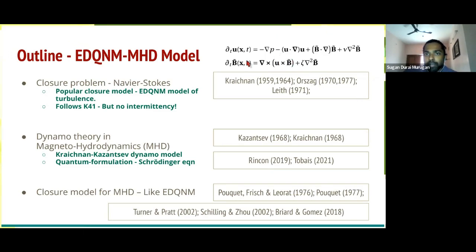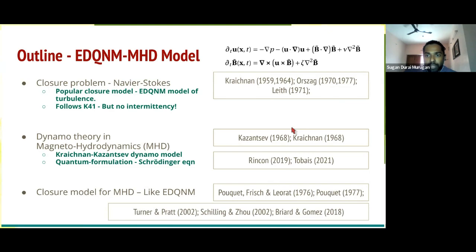For example, in the magnetic field equation at the top right, there is a diffusivity that tends to reduce the magnetic field, but also there is an interaction from the velocity field. So the dynamo problem simplifies to the question: what are the properties of U that allow the magnetic field to be sustained even in the presence of a diffusivity? To have a stable magnetic field is the broad question of dynamo.